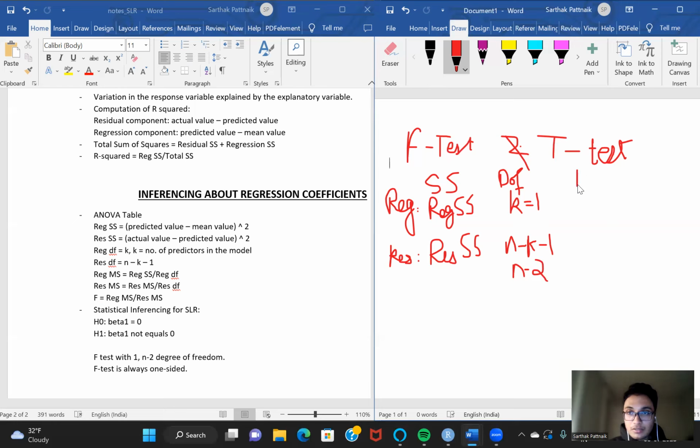Then you calculate the regression mean squared and residual mean squared.